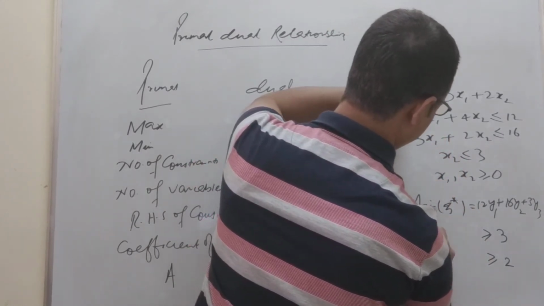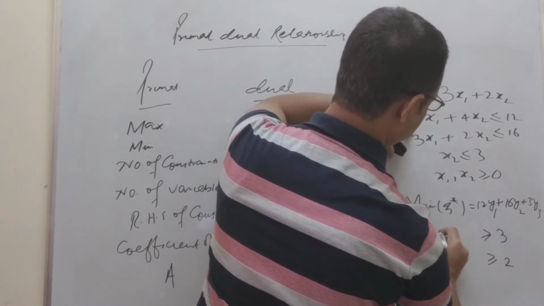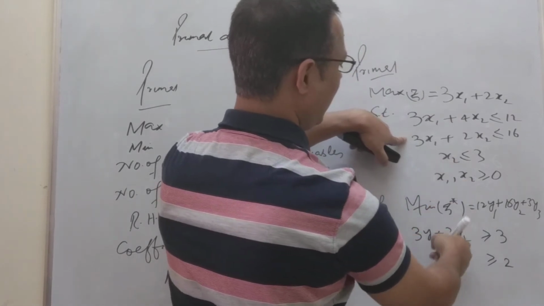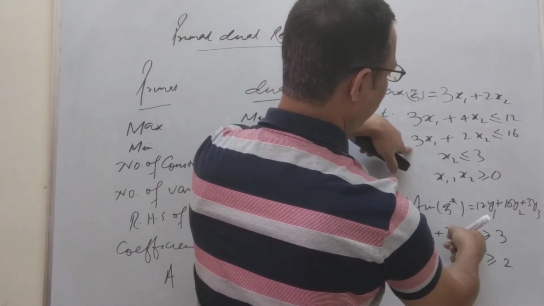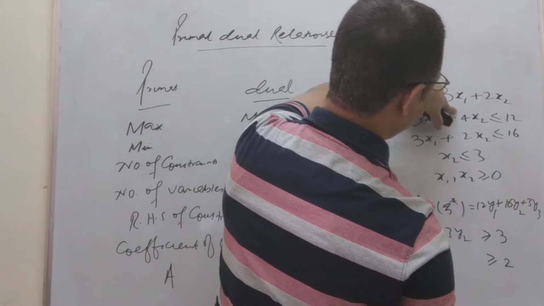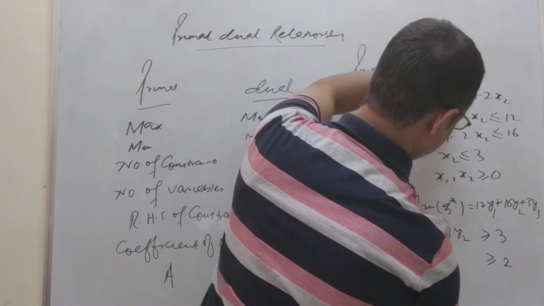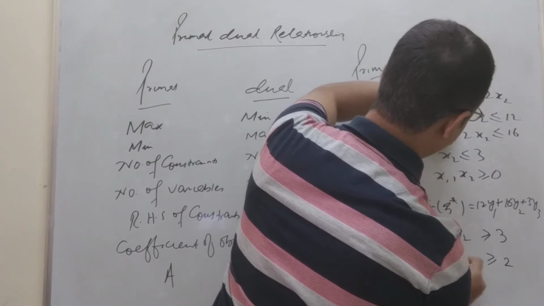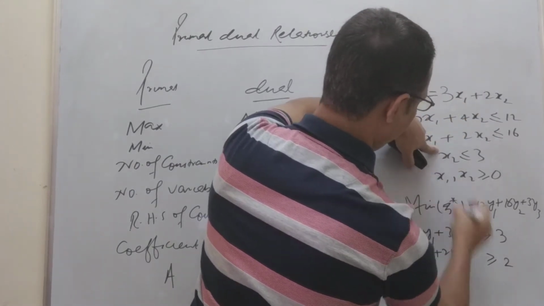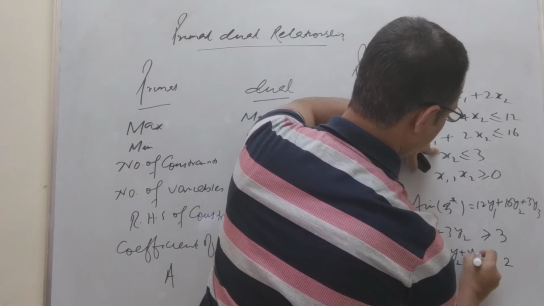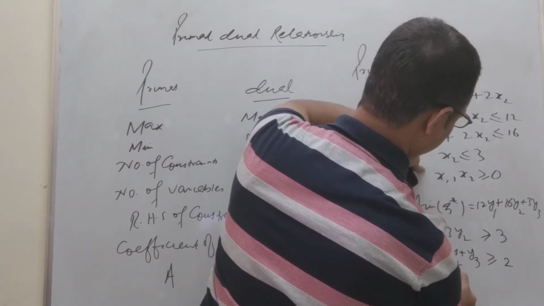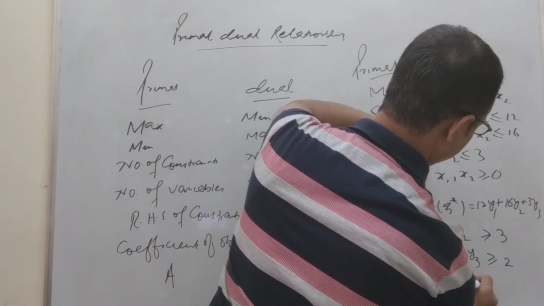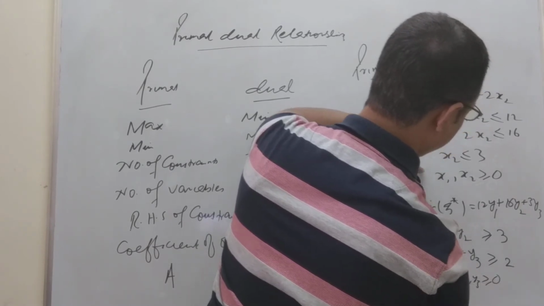So 3 y1 plus 3 y2, because there is no x1 in the third constraint, I am not going to write y3. Now here 4 y1 plus 2 y2, and here x2 with coefficient 1, so simply y3. So how many variables? y1, y2 and y3. These will always be greater than or equal to 0.